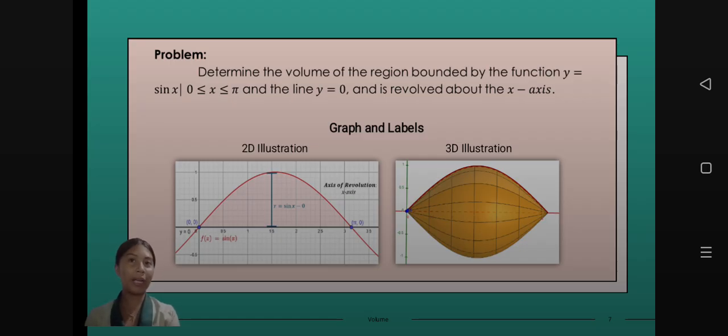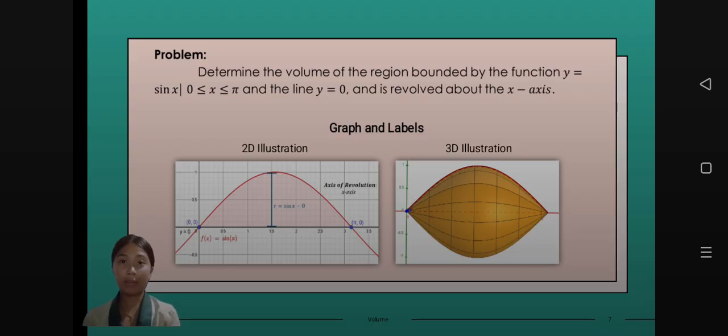We need to factor out the pi and get the integral of sine squared x dx. So we have here pi times 1 over 2 x minus 1 over 4 sine 2x from 0 to pi. So we have pi times 1 over 2 times pi minus 1 over 4 sine 2 times pi, minus pi times 1 over 2 times 0 minus 1 over 4 sine 2 times 0.